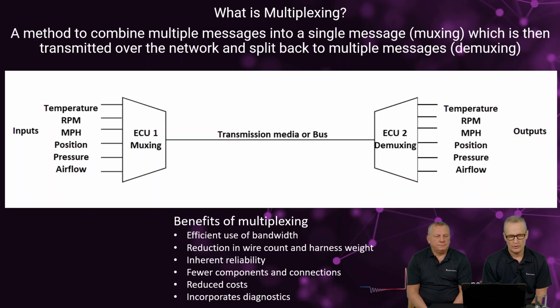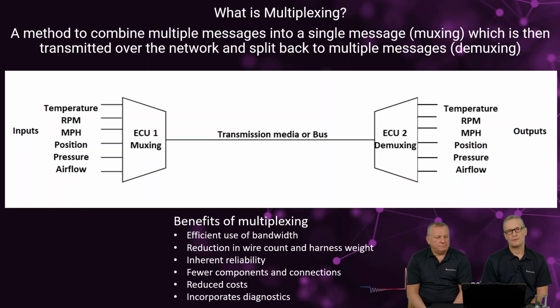So here we'd have 1, 2, 3, 4, 5, 6 wires moving across from one ECU to another, or we can get all that information over through encoding over a single piece of wire, or it could be over the air, the transmission media or the bus, to another ECU that can decode, demux, and obtain the same amount of data.